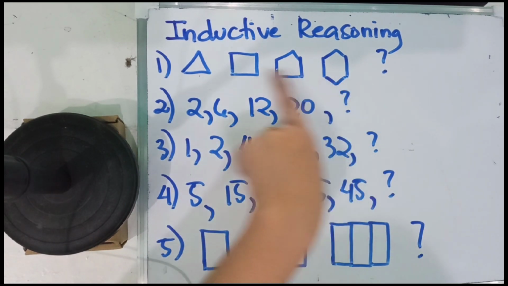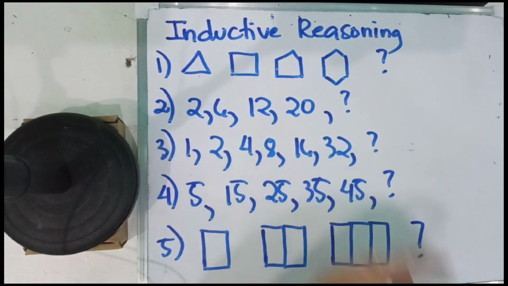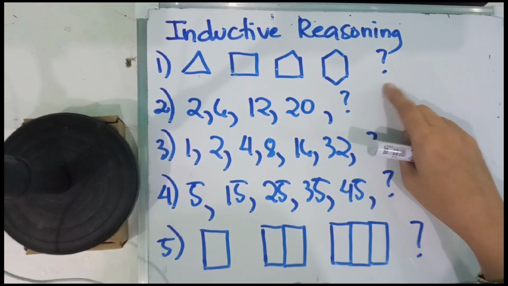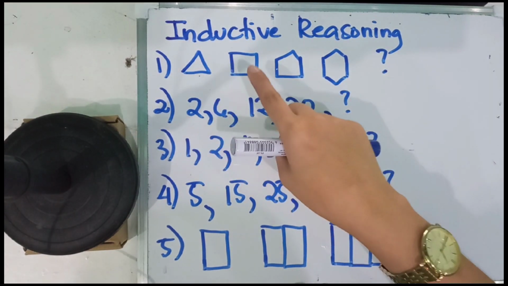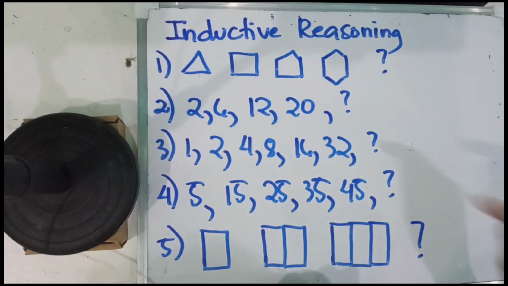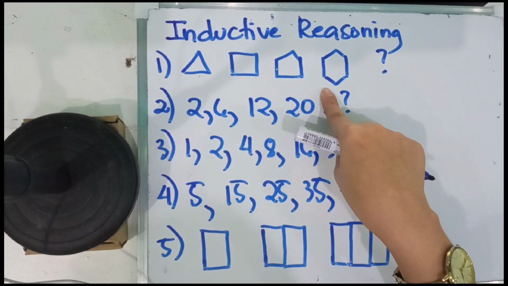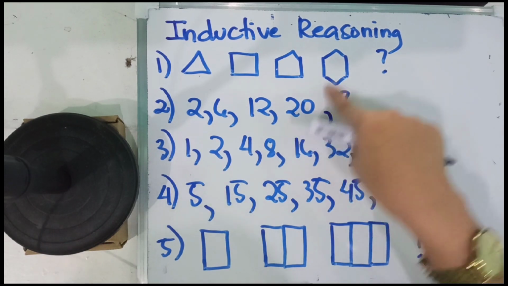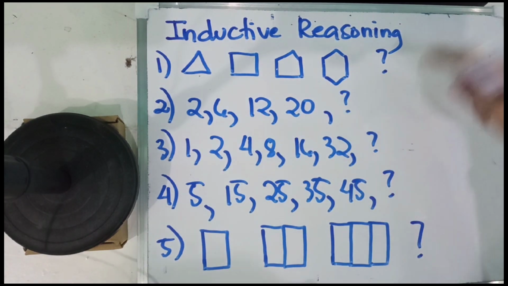But here, for item number 1, since here we have 3 sides, 4, 5, and 6, basing on those examples, we can conclude, or we can make a general statement, that we simply add one side to the next figure. So since the previous figure has 6 sides, it's likely that the next figure has 7 sides.